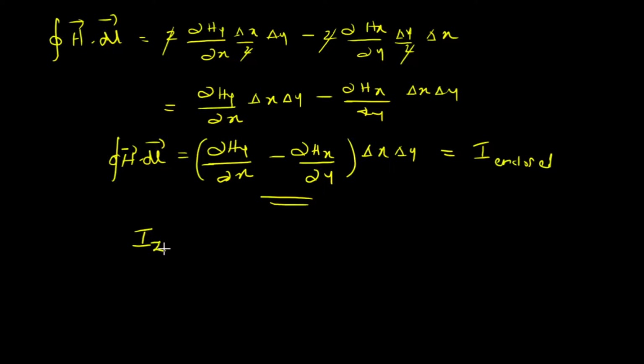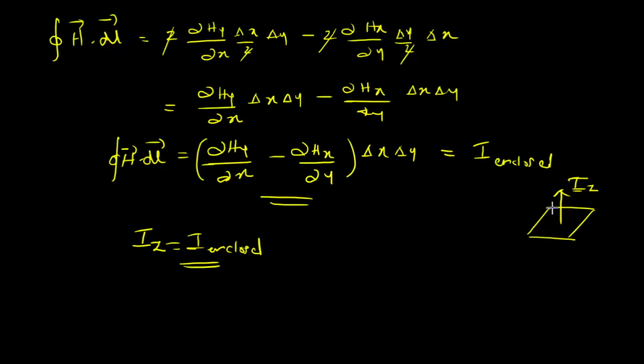We consider the current normal to the plane containing the closed path. The closed path was lying on the xy plane, so I take the current direction normal to that surface, so my current direction is Iz. I take the current enclosed by this closed path as Iz.